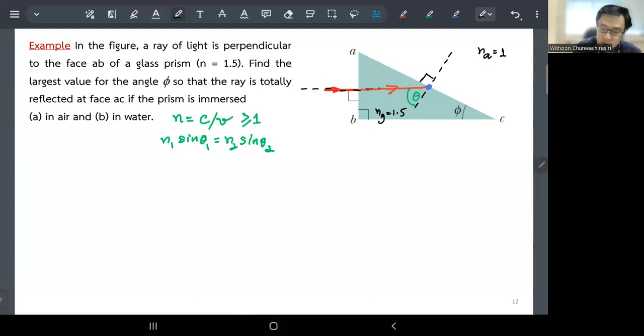Does that make sense? So if this is the incident direction, it's supposed to bend away from the normal. I expect it to go something like this, so the refracted ray makes a larger angle than theta. Bam.